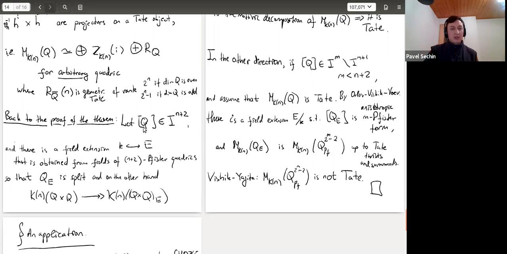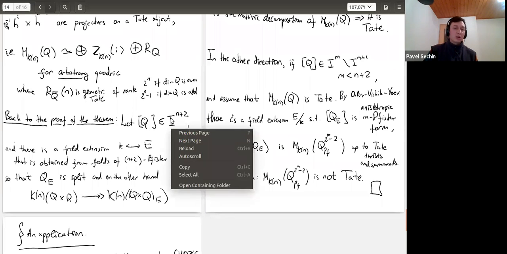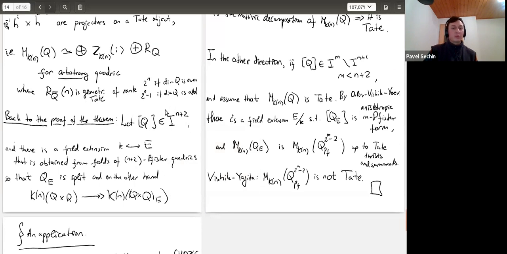Because this quadric lives here, you can find a field extension of the base field, obtained by successively extending your field to the function fields of Pfister quadrics corresponding to pure symbols in this power of the fundamental ideal, and you can kill this whole group by these field extensions.